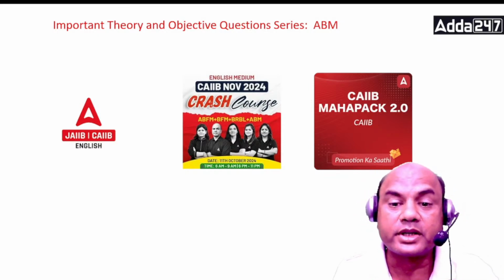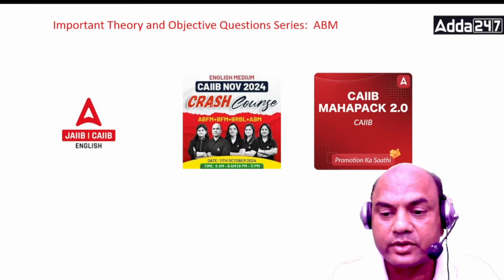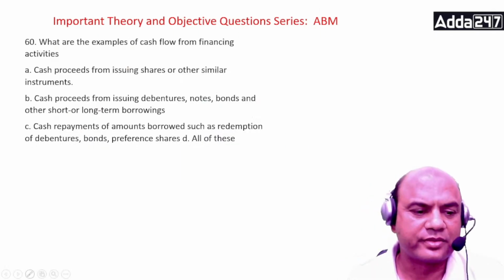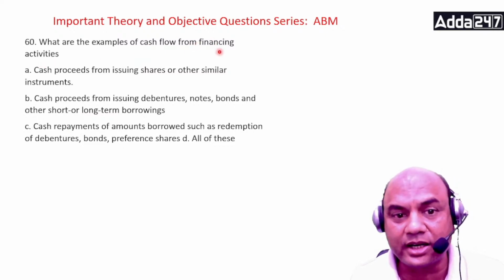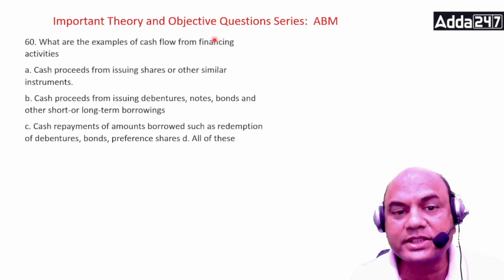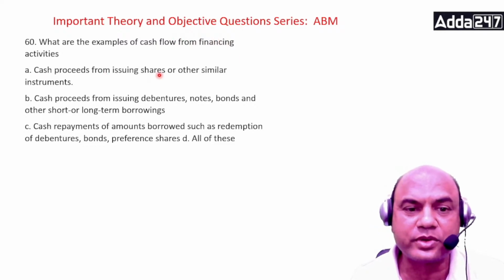Okay? First, let's solve the other questions, theory ones. First one. What are the examples of cash flows from financing activities? Understand the question. Financing activities. Cash proceeds from issuing shares or other similar instruments.